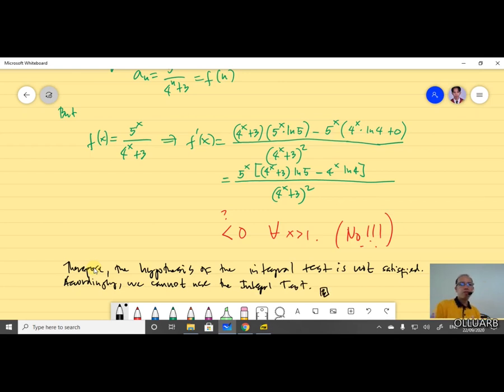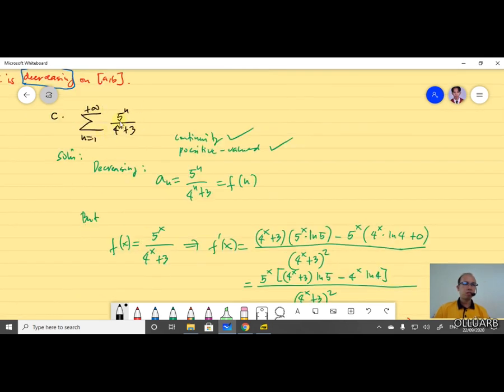For this example, we cannot use the integral test, but maybe, as you can see here, this is something like in the next topic about the limit comparison and direct comparison test.